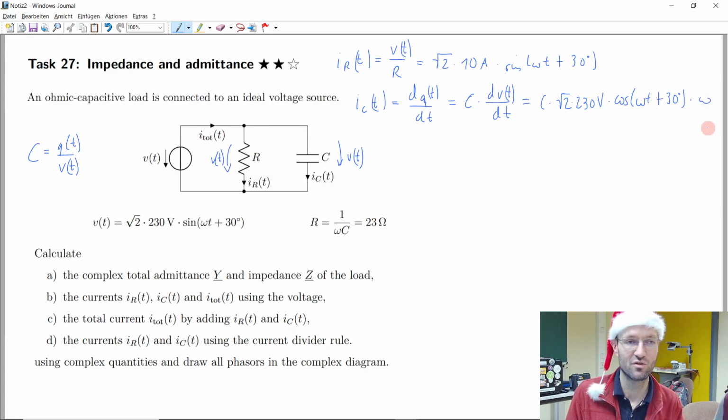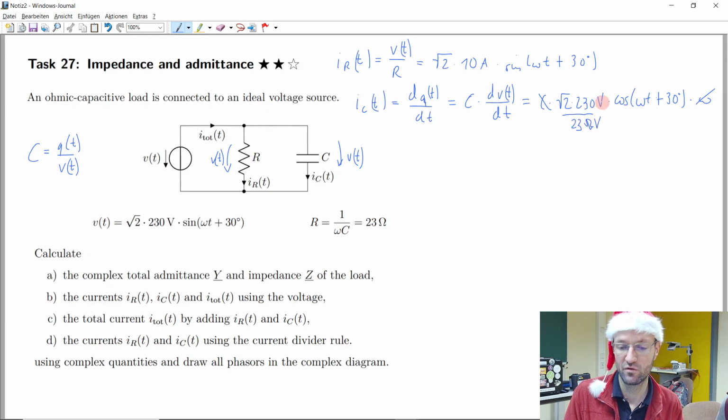And otherwise it also would not make sense in terms of the units, as we will see in a second. Okay, so now we know omega times C is like 1 over 23 ohms. So instead of omega and C, I could also write divide by 23 ohm.